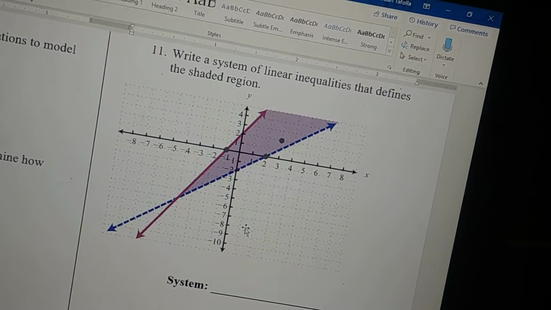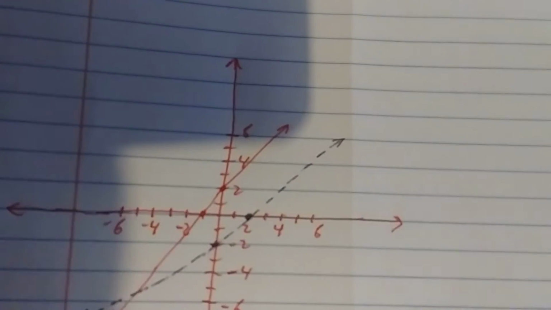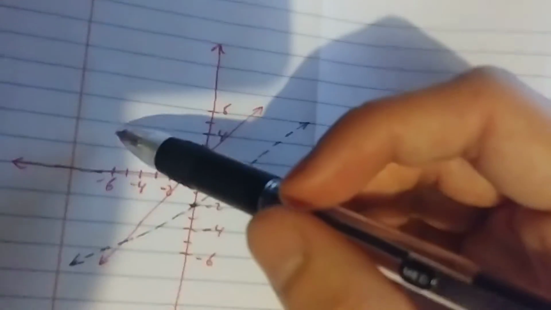So let me show you how that looks on my lines. I said that everything above the blue line, which is my black line here, is shaded. So let me shade everything above my black line.